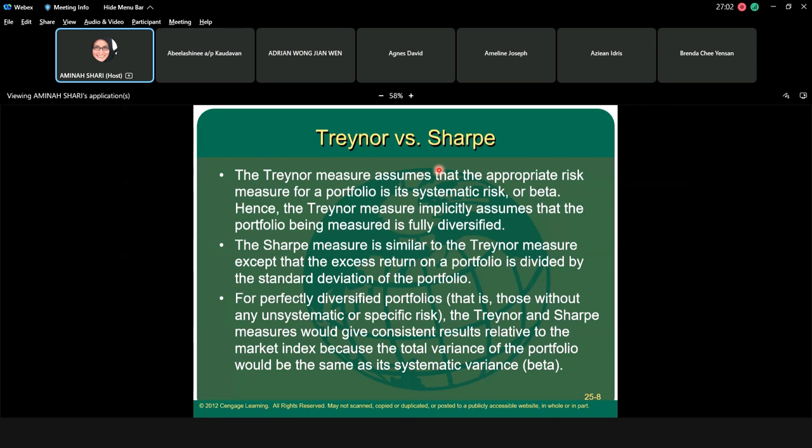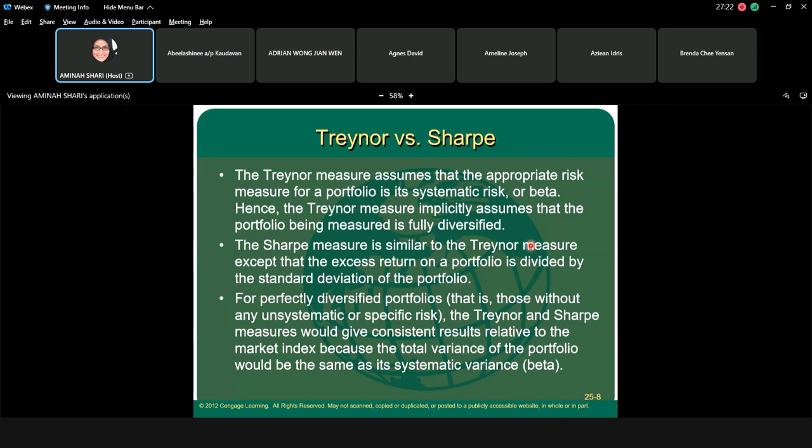Okay, sebab dia menggunakan benchmark kalau untuk Jensen calculation ni. Okay, nanti I tunjuk you lah dalam Excel supaya you lebih faham. Okay, mungkin sekarang you tak nampak lagi, nanti I tunjuk kat Excel, I explain one by one.